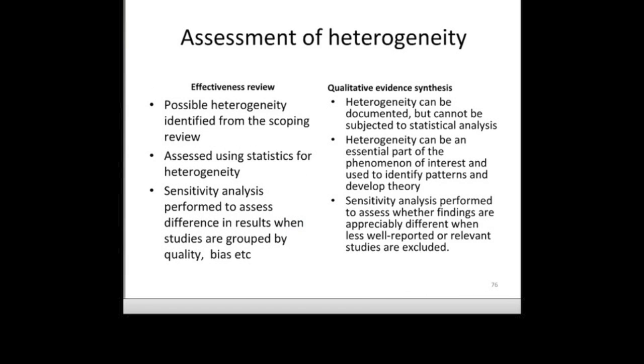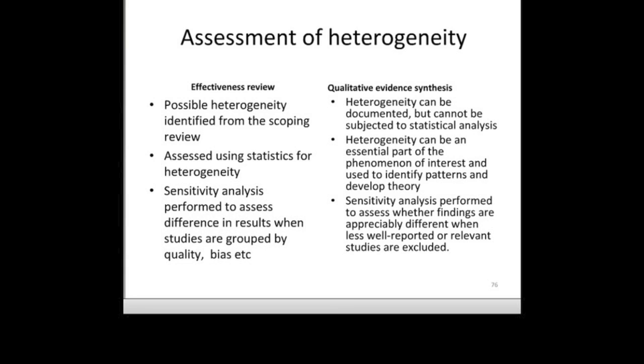Both strands engage in the assessment of heterogeneity. In effectiveness reviews, we look at what happens when we remove low quality articles from our pile, and we evaluate whether it changes the effectiveness measure or the overall outcome at all.